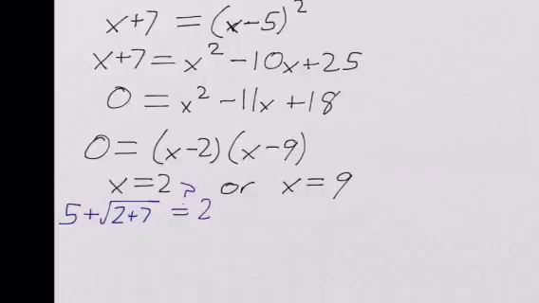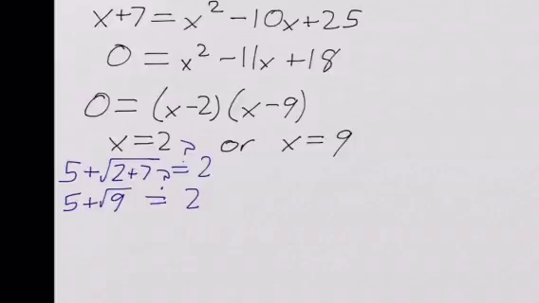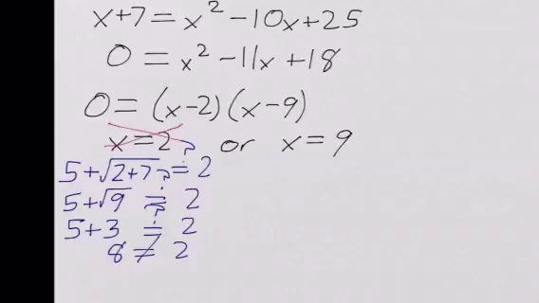Well, 2 plus 7 is 9, and the square root of 9 is 3, so I get 5 plus 3 is equal to 2, or 8 equals 2, which is not true. So we can eliminate x equals 2 as a solution.